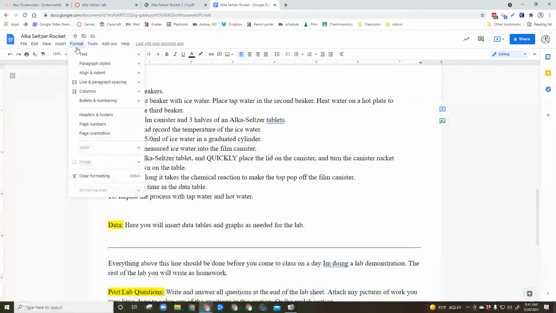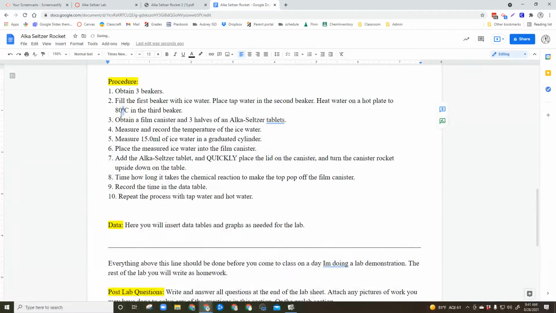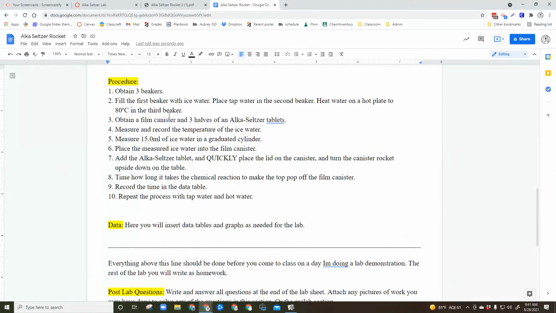So that is superscripted. Oh, there it is, superscript. So I'm formatting the text and I want to superscript that. So there you go. Now it looks like a degree mark. Okay, and these are just little tweaks, little details that you can make that just increase the likelihood of you getting all the points in your lab. Okay, so procedure there looks pretty good.